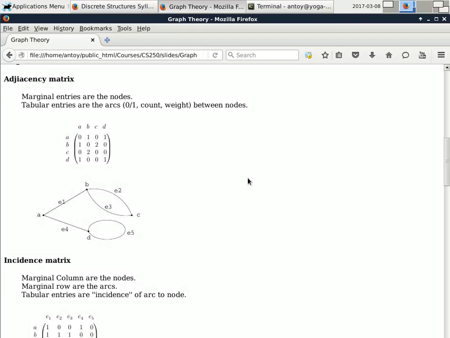A practical case is where you have two cities connected by multiple airlines. Yes? But if those edges were directed, then it would only be 1, right? Well, if they were both directed from B to C, you would have a 2 from B to C and a 0 from C to B.